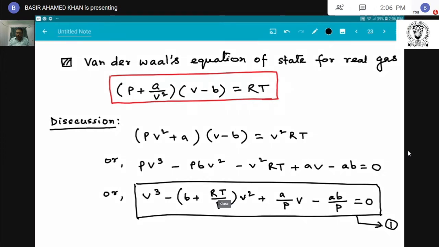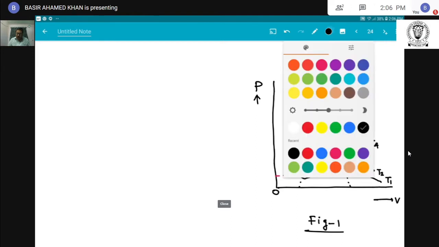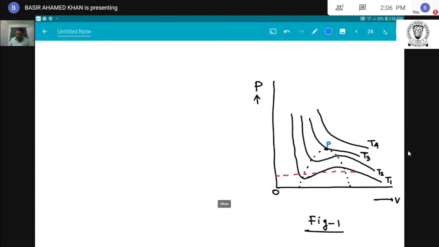Now if I plot this equation, suppose this is figure 1, I will get the PV diagram like figure 1.